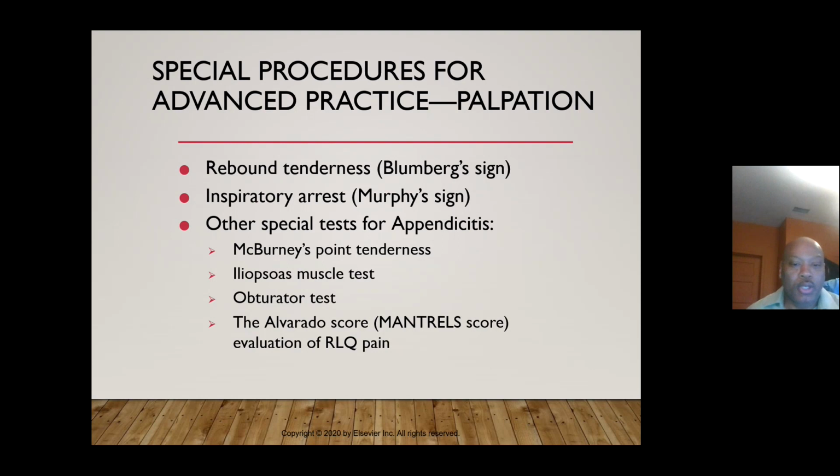So with this one, you hold your fingers under the liver border, and then we ask the person to take a deep breath. Now, a normal response is to complete the deep breath without any pain. They would be able to fully breathe inward.